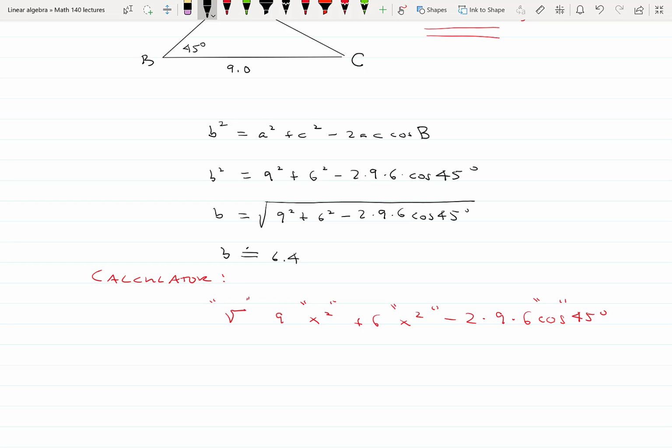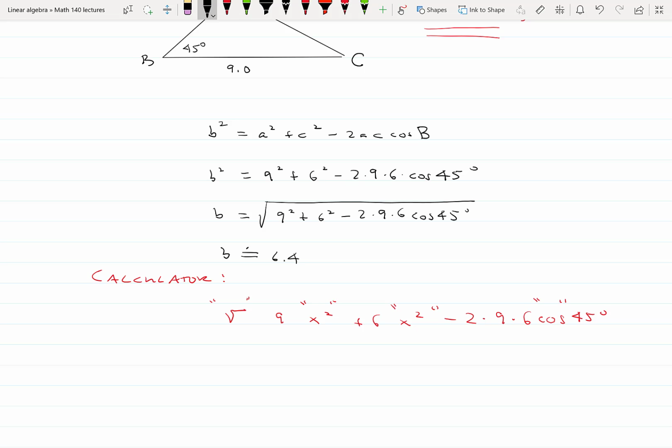Okay, so here's the deal. We need to hunt for an angle. So remember what I said. When you start with a particular law, in this case the law of cosines, don't switch to the law of sines midway through, even though the law of sines would definitely be easier to look for an angle. It could be disastrous, okay?